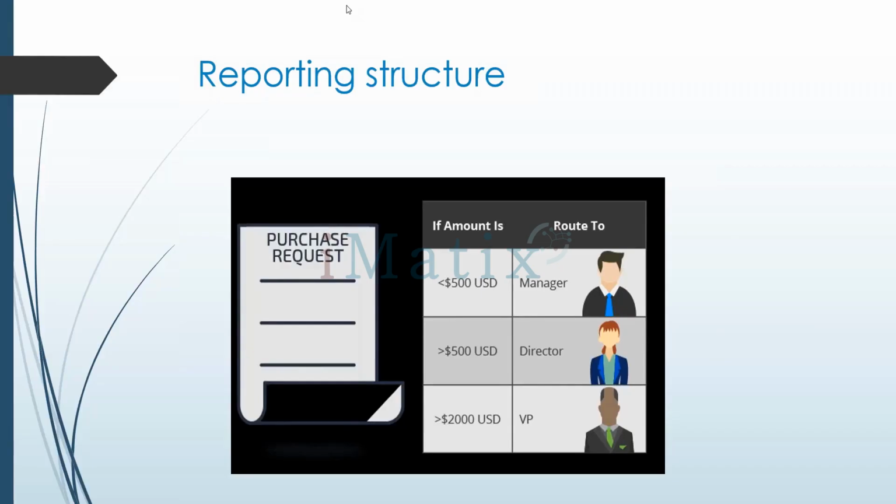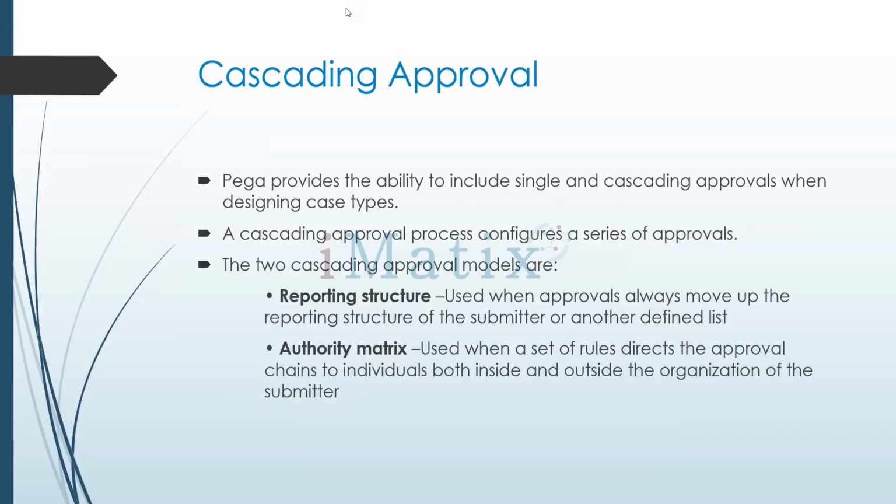Whereas there is something else called authority matrix. What is authority matrix? Sometimes you need approvals from the people outside your department, outside your reporting hierarchy. For example, you have put in a claim request, probably some reimbursement request. It goes to your manager.